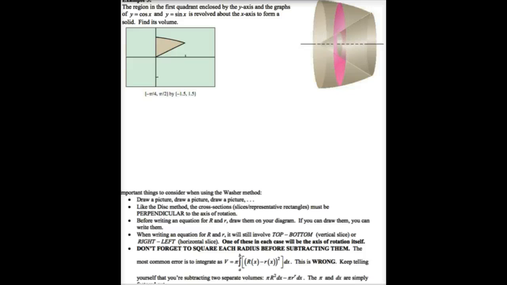We've got the cosine graph and we've got the sine graph intersecting right here. And we're whipping it around the x-axis again to form this solid. Now, when I draw my representative rectangle here, and it goes perpendicular to the axis of rotation, I've got a dx problem, but I've got a little gap here. So this would be what I call a dx washer problem.